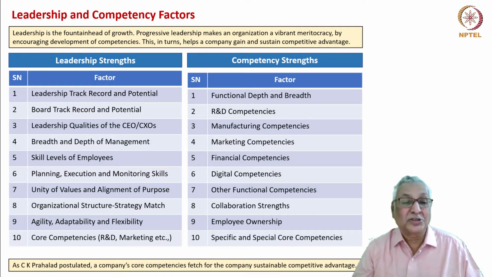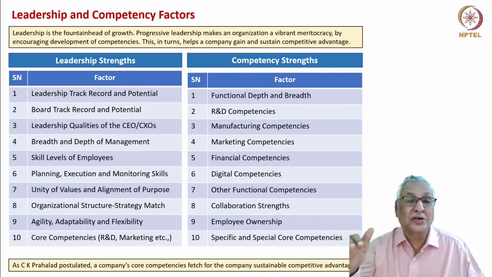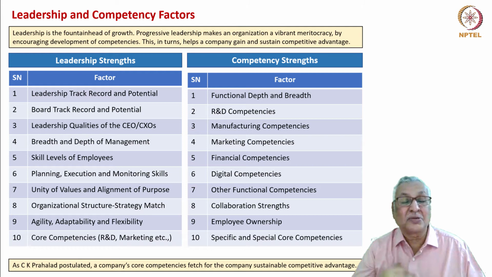Breadth and depth of management, that is, it is not sufficient to have strong top level leadership but not have strong middle level leadership, because that provides the succession pipeline. In many companies, you have a few leaders at the top and lots of operating people, and there is really a huge gap in the middle. In some other companies, you may have a strong or even over bloated middle, but very weak top level leadership and very constrained operating executive manpower.